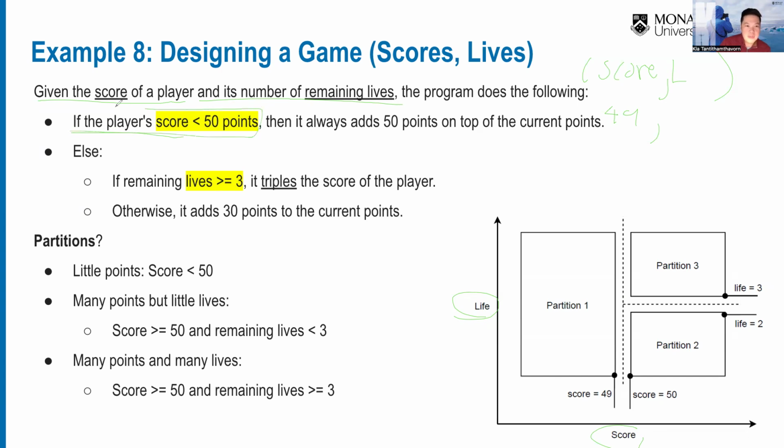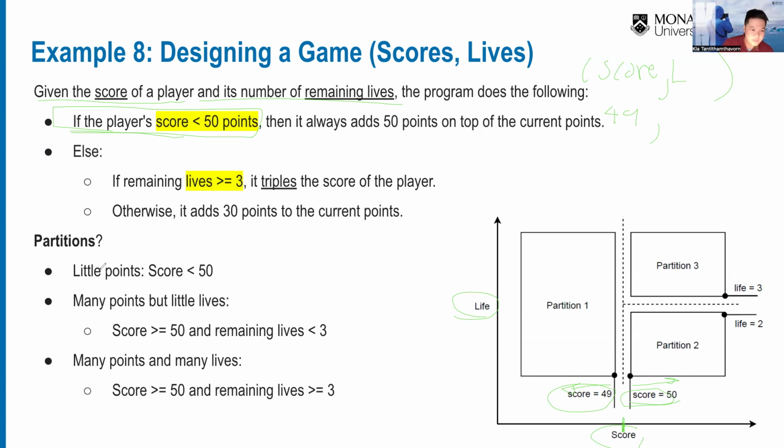Start with the first requirement. Score is less than 50 points. That's a score of 50, that's the on point. Otherwise, score 49. Score 49 is this way, score 50 is this way, and then we're going to look at the number of remaining lives.